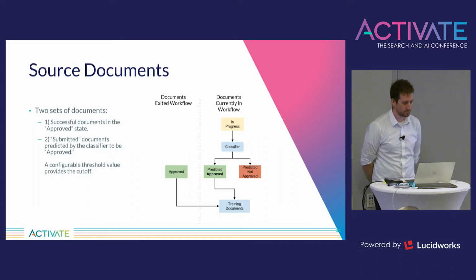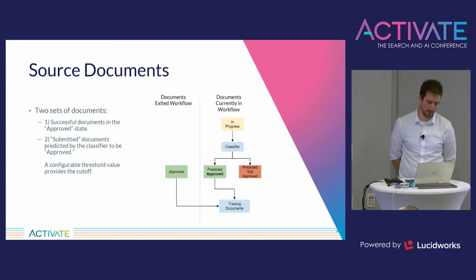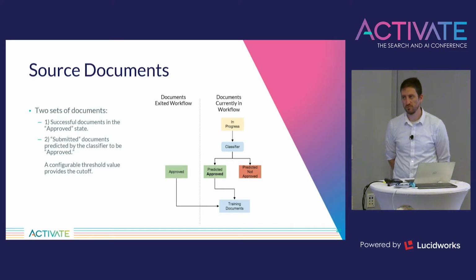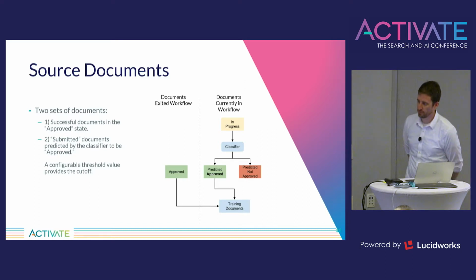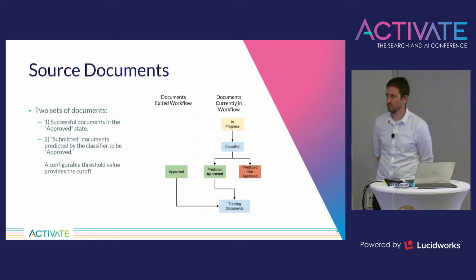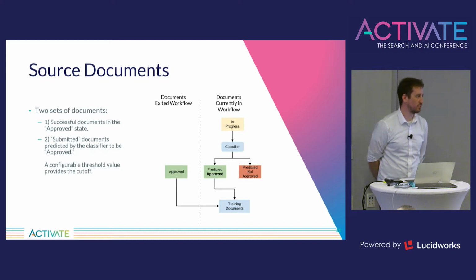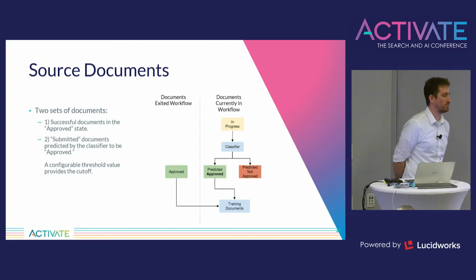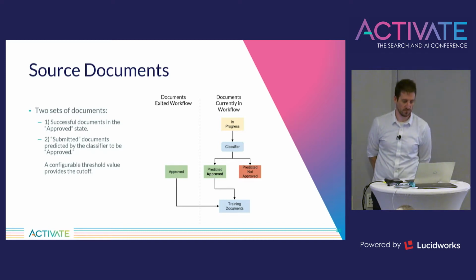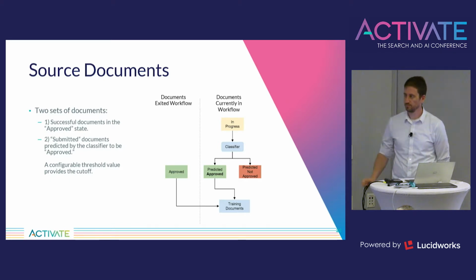And so we do use a configurable threshold value to provide a cutoff. So for example, if a document is currently in a submitted state and our prediction for approved is 40%, we don't want it. So we want a threshold there of 80%, 90%, whatever it might be, so that those documents are considered.